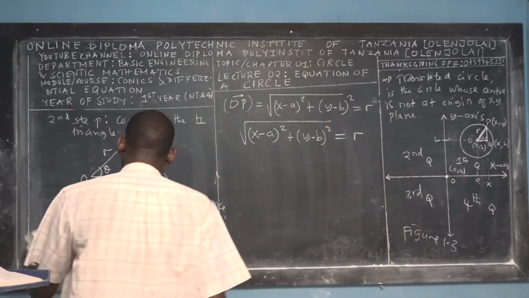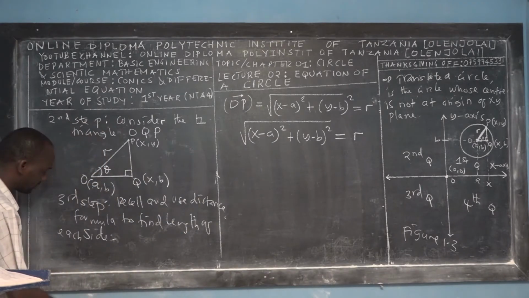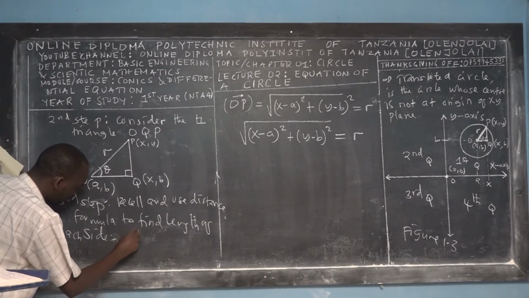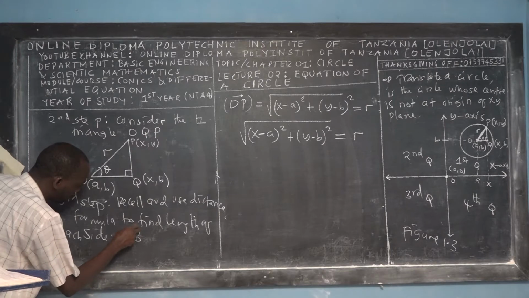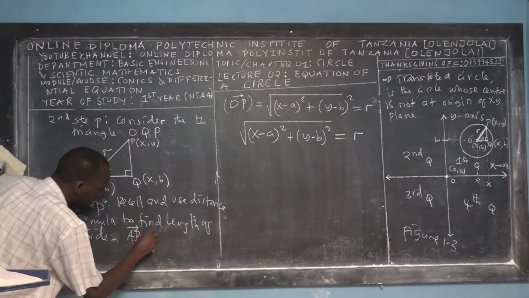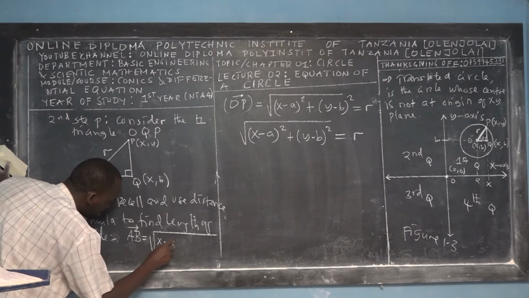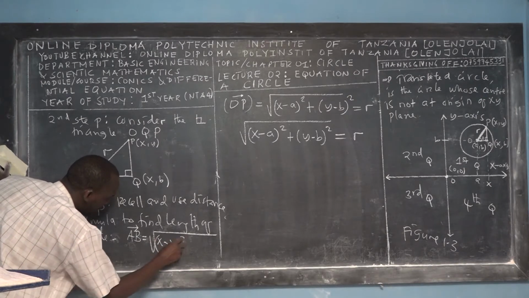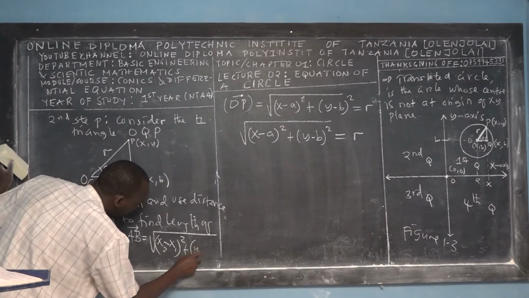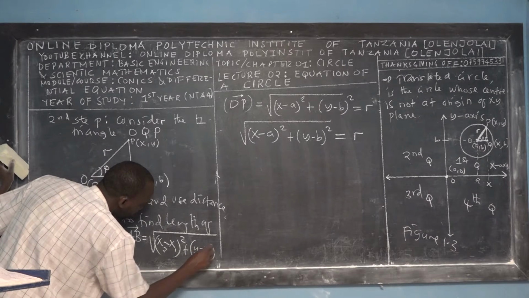Let me recall, let me just write the distance formula. The distance from A to B is equal to the square root of x2 minus x1 squared plus y2 minus y1 squared.